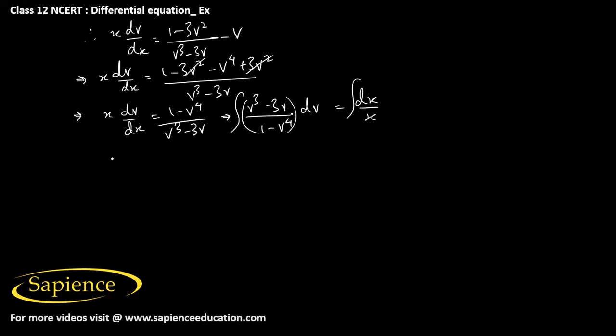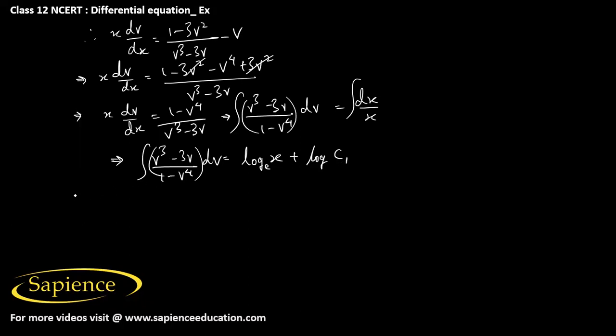Then we have to integrate both sides. So now this integral of (v³ − 3v)/(1 − v⁴) dv, that we can write as log x plus some constant c, or we can write some constant in the form of log, that is log c1 suppose.